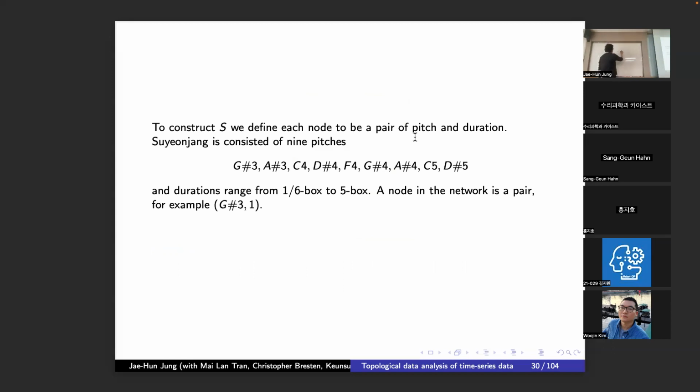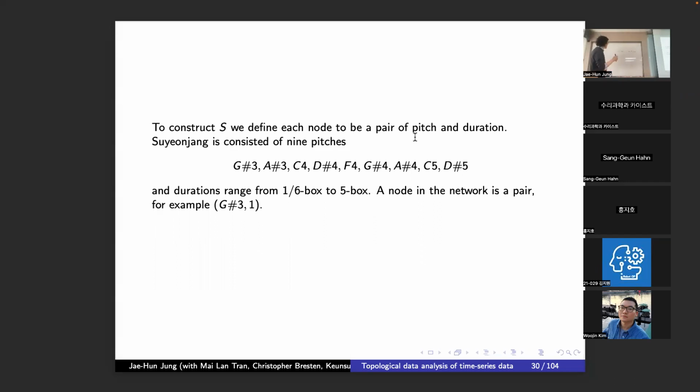And the second one is, for example, A sharp 2, and then F, and then D sharp, and so on. Suppose that this is the flow of this music. What does this number mean? The 3 and 2 mean the octave. This is the normal octave, and this is the octave lower.